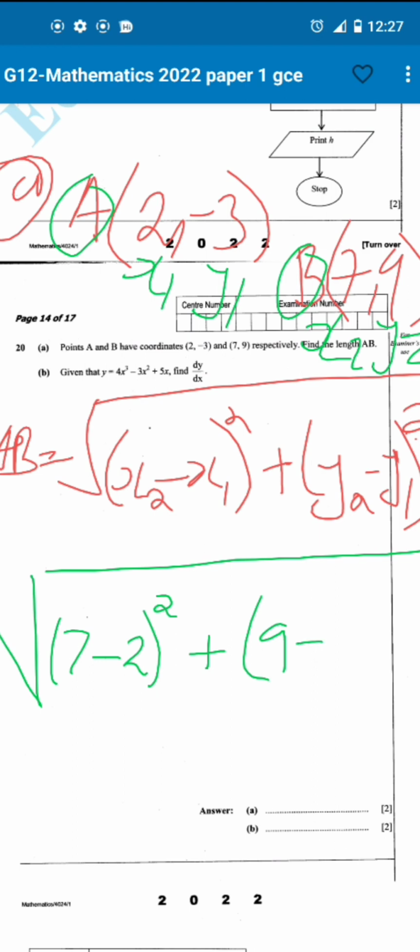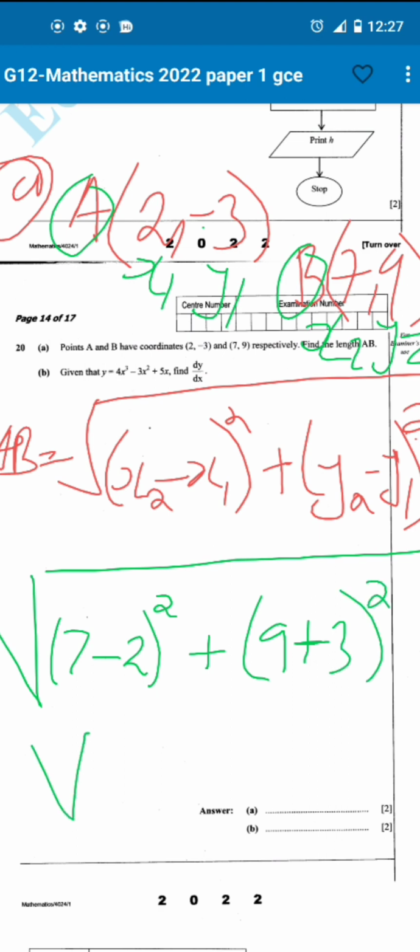Our y1 is a negative number, -3. When we write it in brackets, there is a negative inside and a negative outside, so the negatives multiply and you get a positive 3. Then we square it.